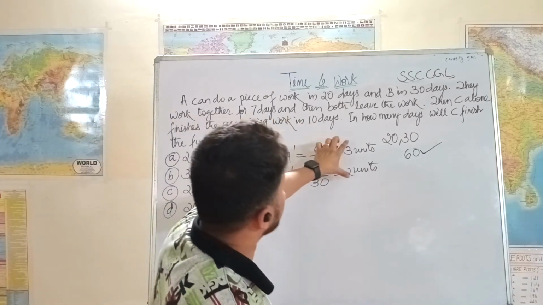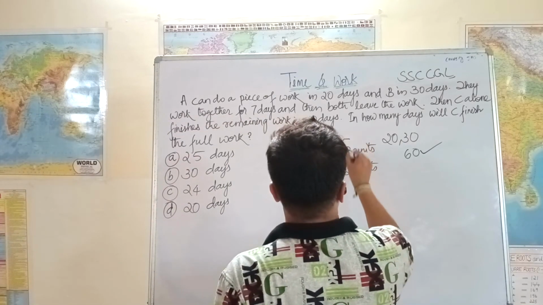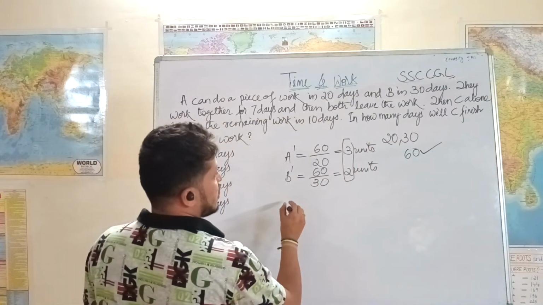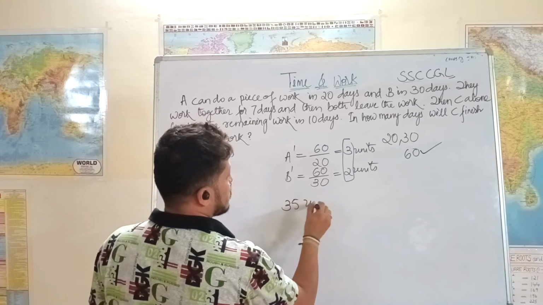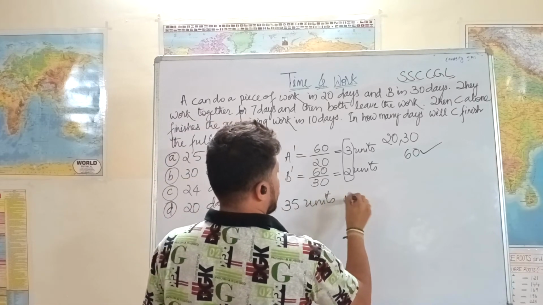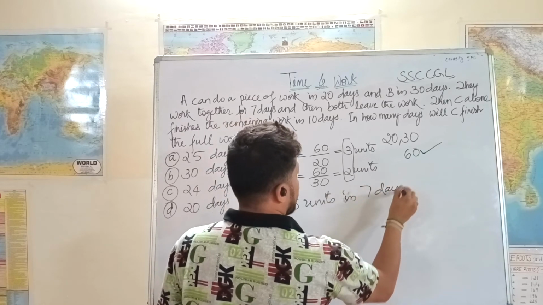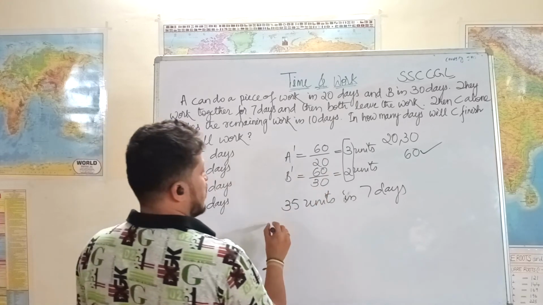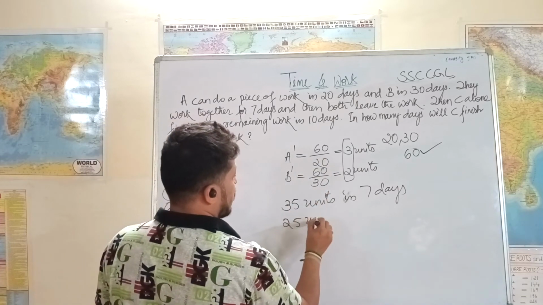That means every day A and B can finish 5 units of work, and in 7 days they can finish 35 units of work. Right. So what is remaining out of 60? 25 units is remaining.